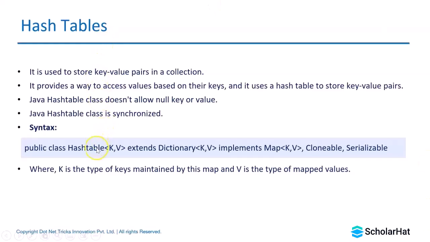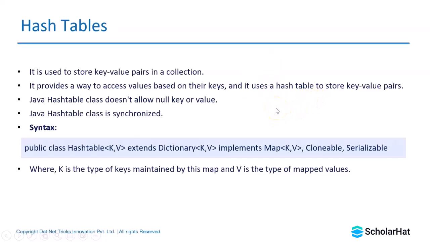You can see that the class Hashtable stores key value pairs, extending the Dictionary class and the Map interface as well, because it does not allow data to be entered without a specific, unique key. It uses a hash table internally to store the data.